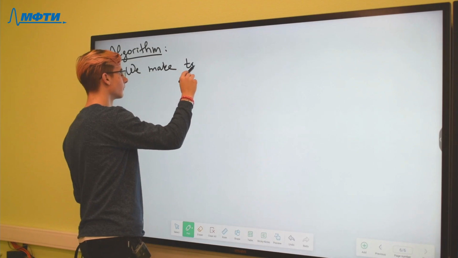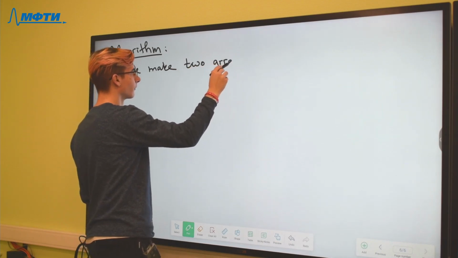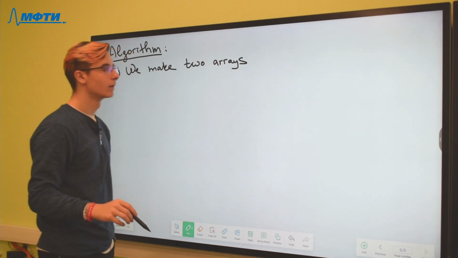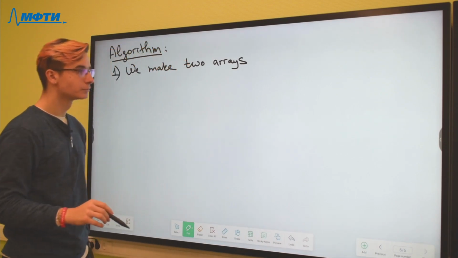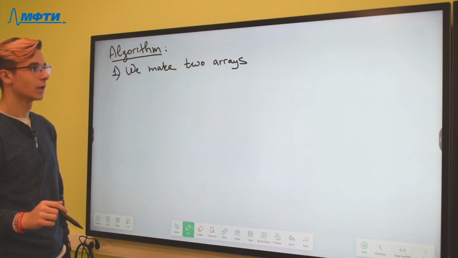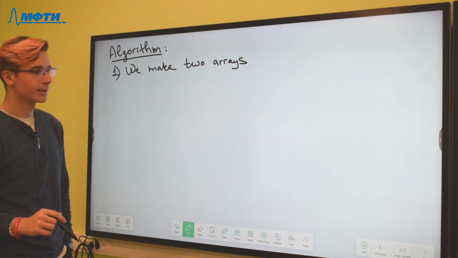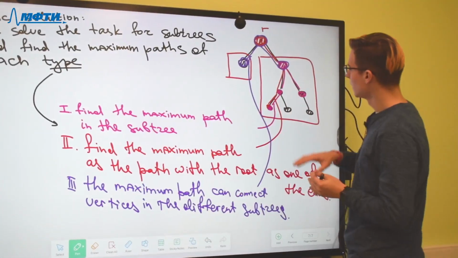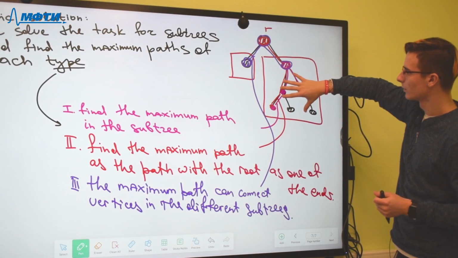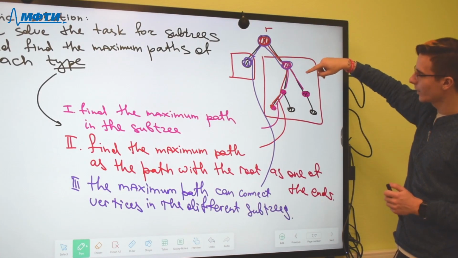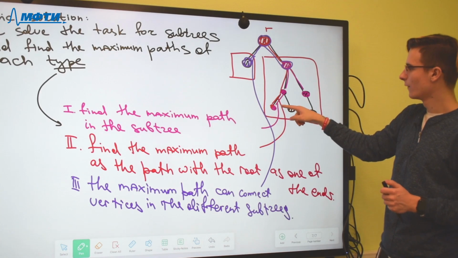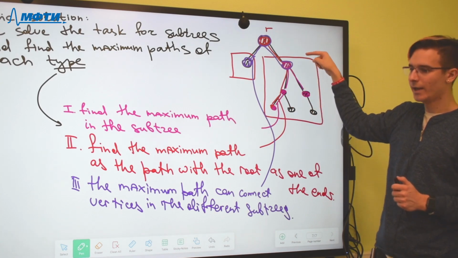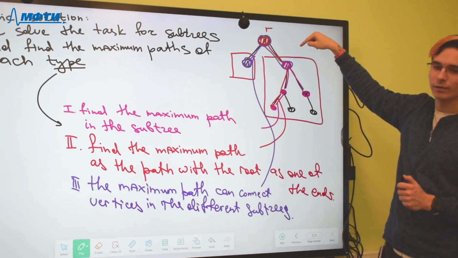The first array is the maximum path in the subtree, and the second array is the maximum path that ends in the root of this subtree.